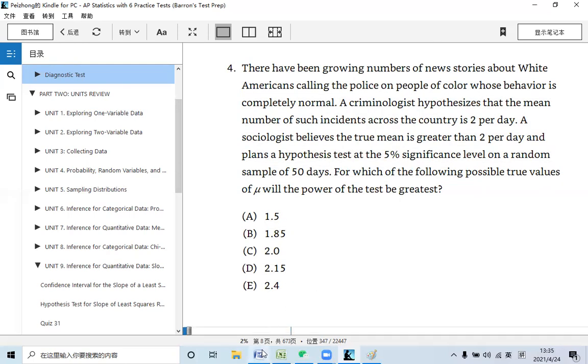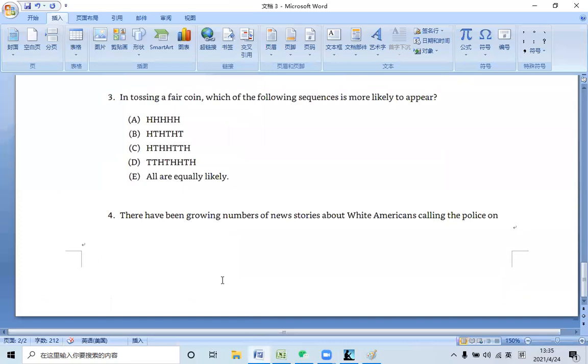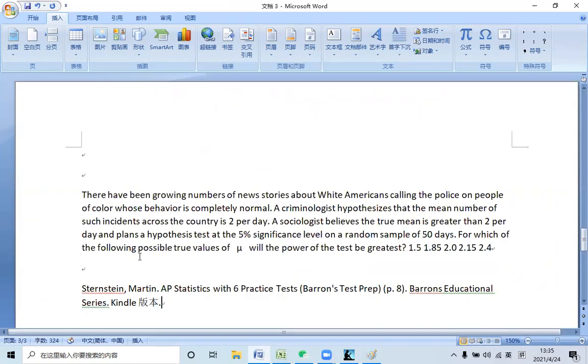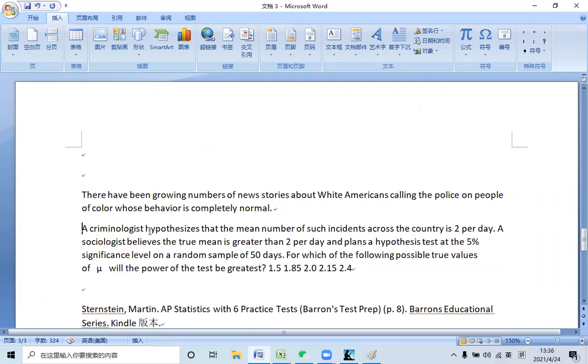Let me copy this one. So normally we know it's normally distributed.